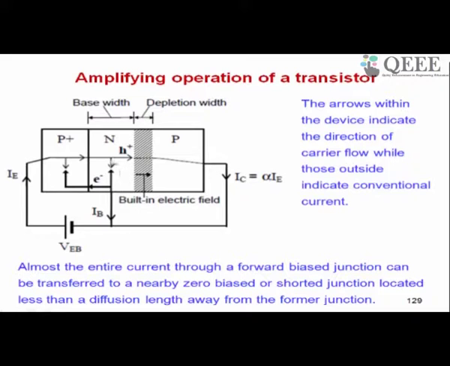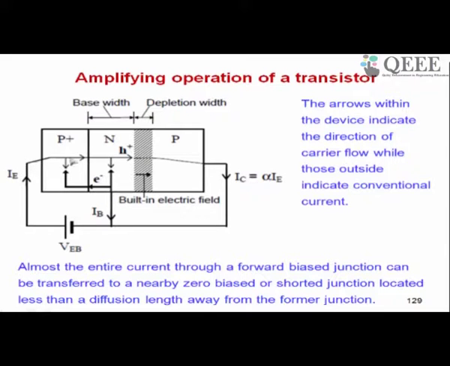Now this part is really very, very small because we want to keep the base width very small, and this part also is very small because it is due to electrons in the heavily doped P region, and electrons are minority carriers. So both these currents are small, therefore most of the emitter current is transferred to the collector.